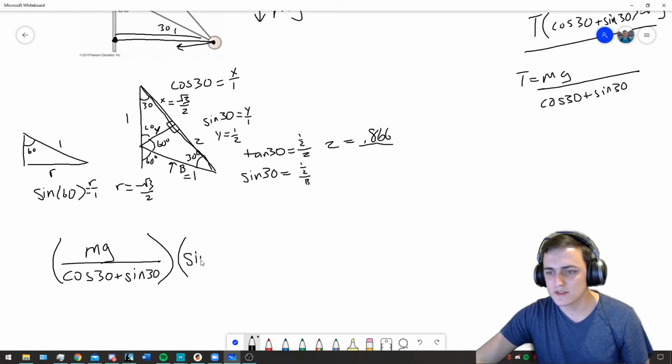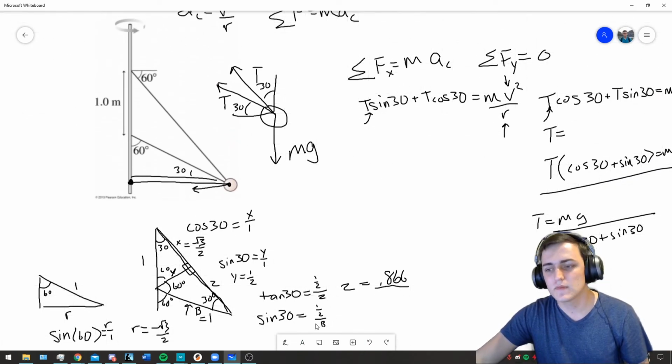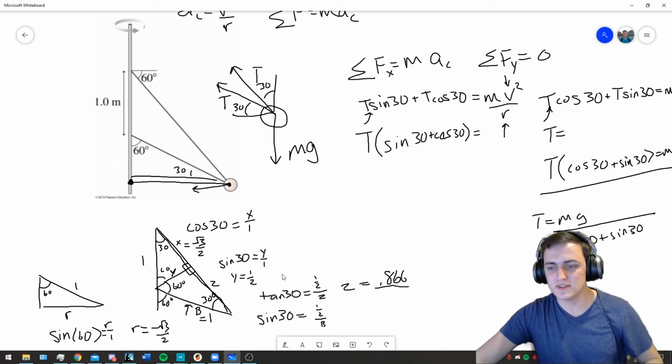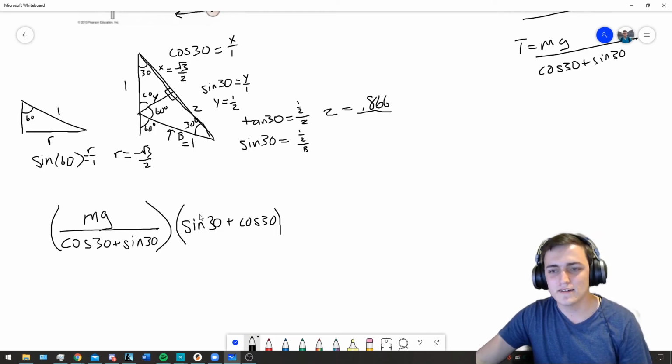And then we have sine 30 plus cosine 30. All I did there was factor the t out front. You can kind of think of it as t times sine, same as we did before. And that way I only have to write the t expression one time. And you'll notice you are both dividing by and multiplying by sine 30 plus cosine 30. And so that cancels out.